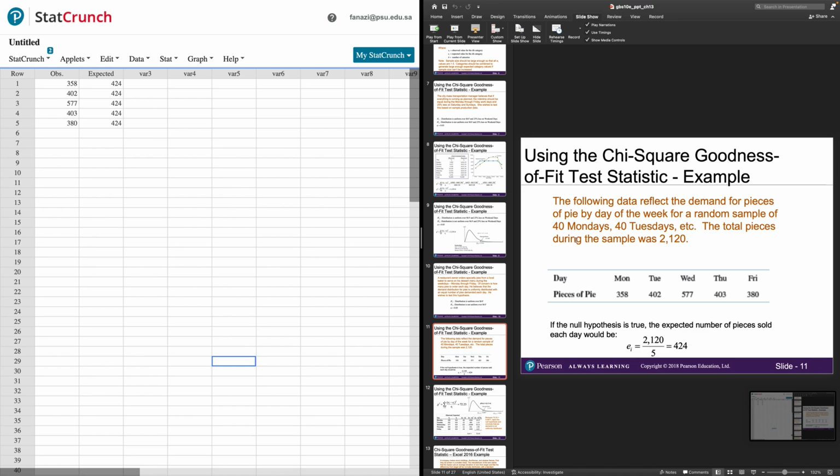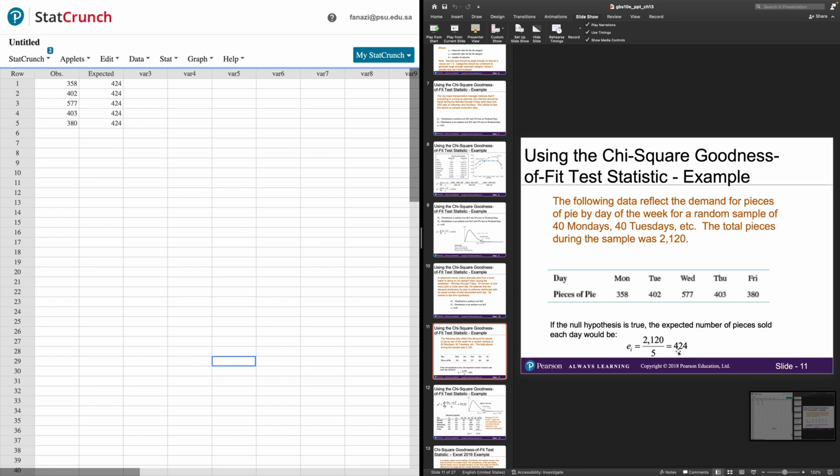To find the uniform distribution in StatCrunch, we have two different ways. The first way is we sum the values, 358 plus 402 and up to 380, divided by the number of them, which is 5. When we sum them, we have 2,120 divided by 5 days.